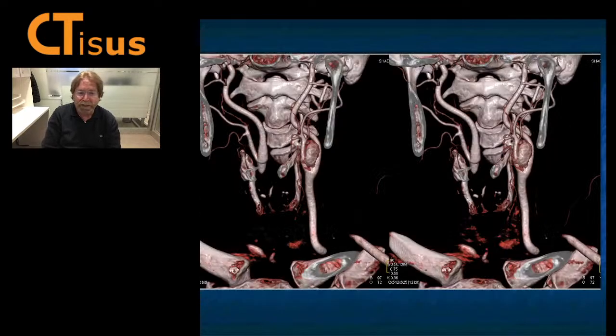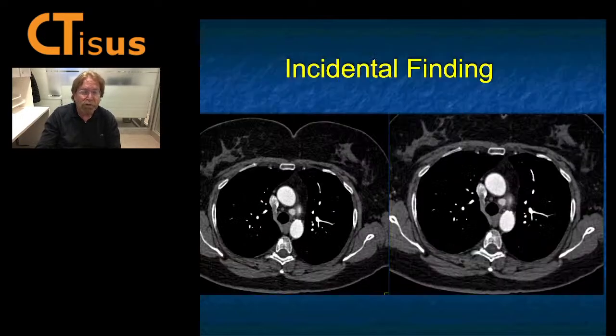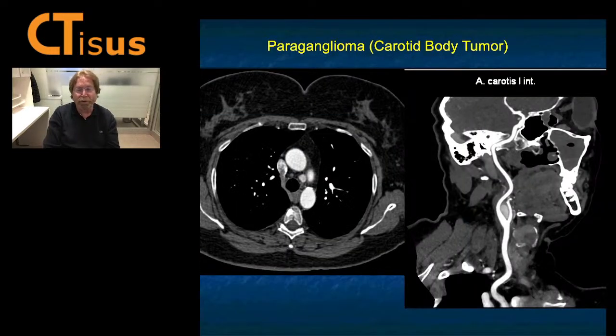Carotid body tumor is nicely shown in this case, sitting right between the two parts of the branching from the common carotid to internal and external, nicely shown. And so we go back to this image. This was also a paraganglioma. Some patients have syndromes with multiple paragangliomas.